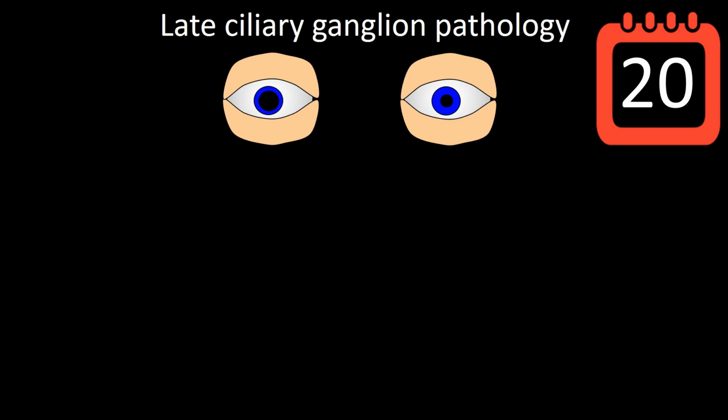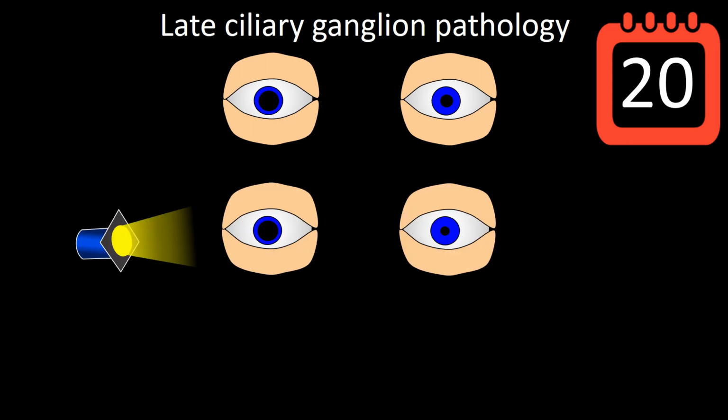If we examine a patient about 20 days after the onset of symptoms, the affected pupil will still be larger than the normal pupil. When light is shined in the affected eye, no direct response will be present, but consensual response will be normal. So far, all is the same as it was in the initial exam at the beginning of the injury.